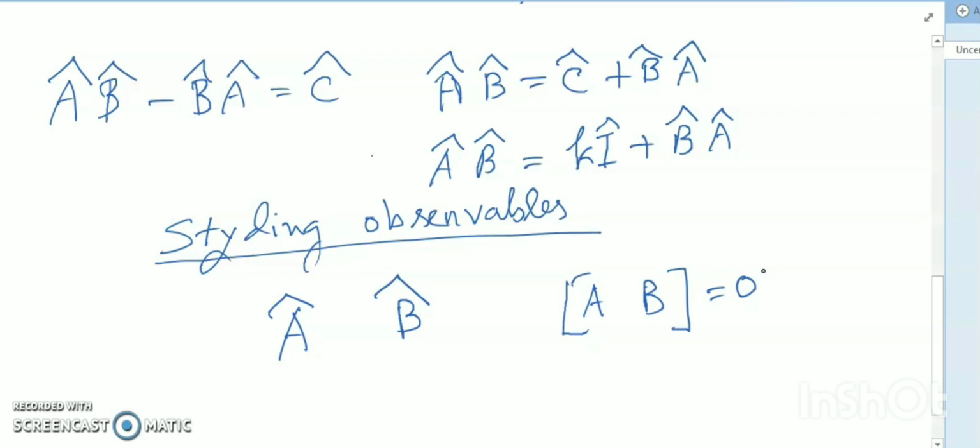We want to analyze how an eigenvector of A relates to B. So let's take alpha to be an eigenvector of A.